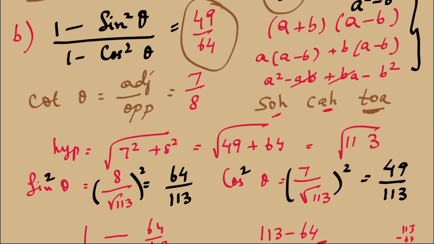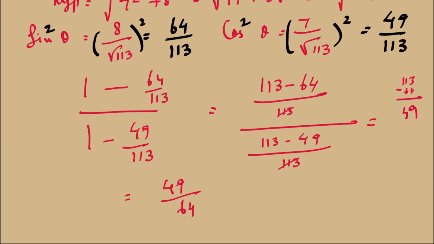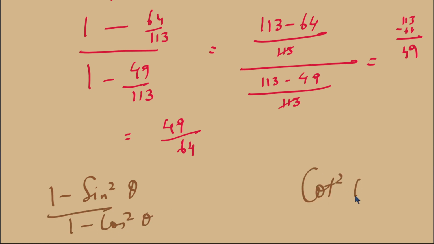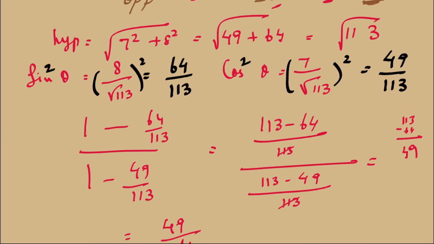So is it true that 1 minus sine squared theta by 1 minus cos squared theta and cot squared theta are the same? How come they are the same? We do not know now, because we'll have to study further about these trigonometric ratios, but we'll have to explore whether this is a coincidence or whether it actually means anything. So I hope you followed whatever we did. Thank you.